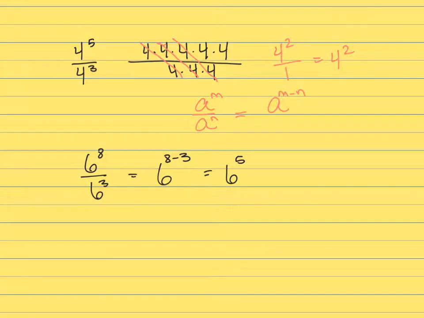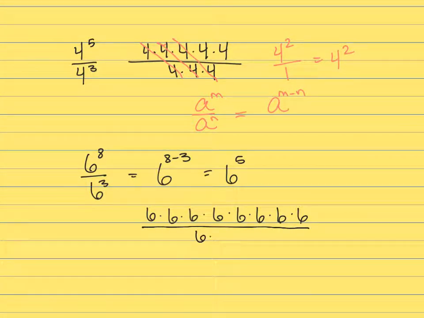Let's test that out. Let's go ahead and write these out just so our brains can see it, so we can convince our brains. 6 times 6 times 6 times 6 times 6 times 6 times 6 times 6. Is that right? 1, 2, 3, 4, 5, 6, 7, 8. Yes. And then as my denominator, 6 times 6 times 6, that was 6 to the 3rd power.